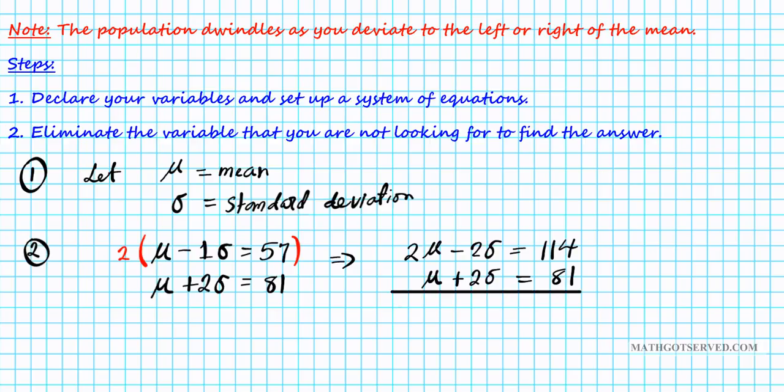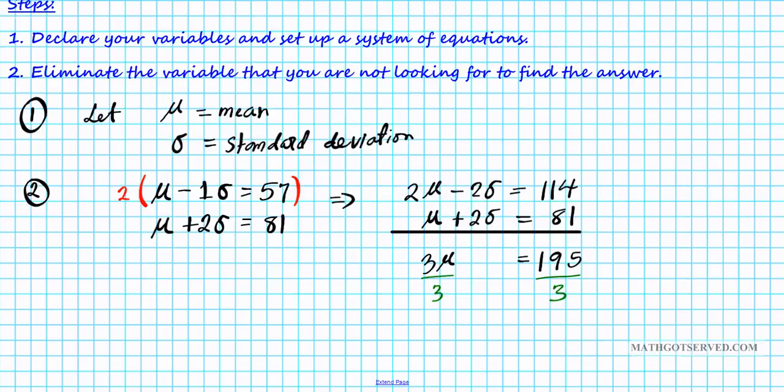And then we have 3 mu is equal to 195. And then to get mu, the mean by itself, we'll simply divide both sides by 3. In our final answer, you will have mu is equal to 3 goes into 19 6 times, remainder 1, 15, 5 times. Mu, the mean, is equal to 65.